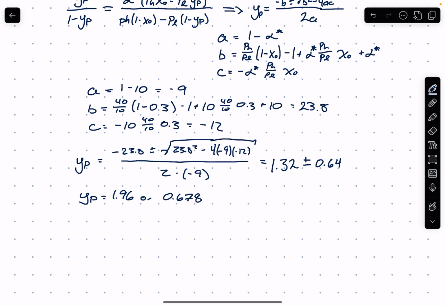Obviously, yP equals 1.96 doesn't make sense logically as it's greater than 1, so we can get rid of this one. And we simply have yP equals 0.678.